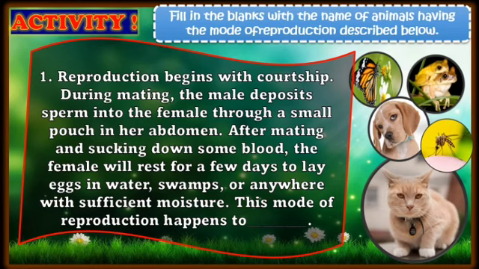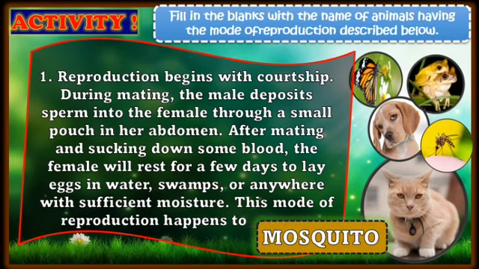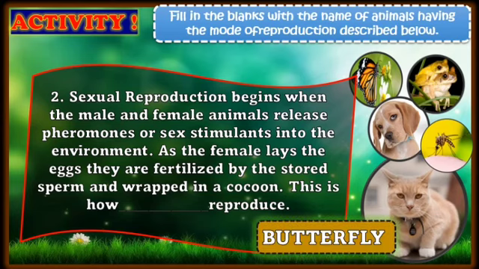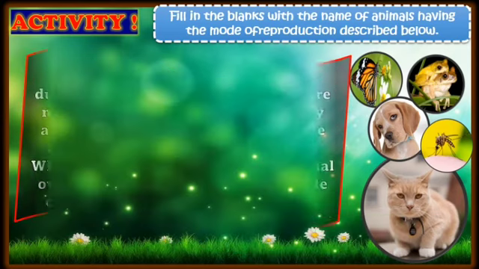This mode of reproduction happens to mosquito. Next, number 2. Sexual reproduction begins when the male and female animals release pheromones or sexual stimulants into the environment. As the female lays the eggs, they are fertilized by the stored sperm and wrapped in a cocoon. This is how blank reproduce. This is butterfly.